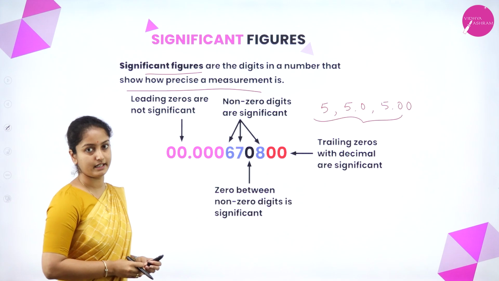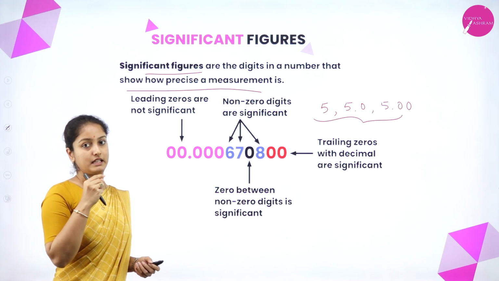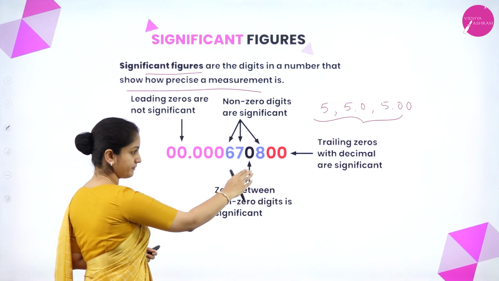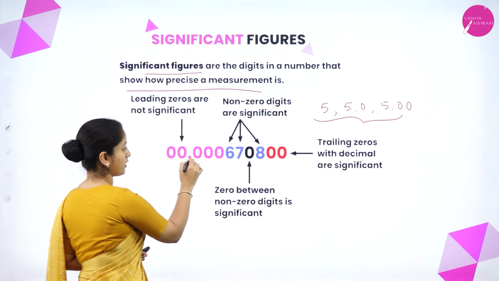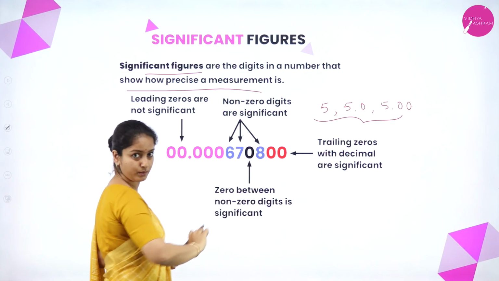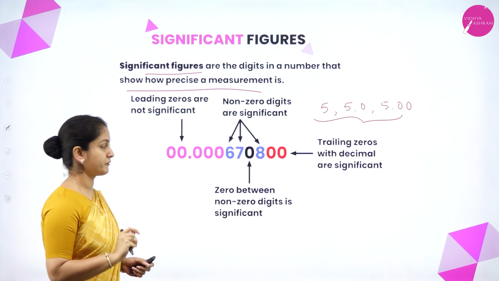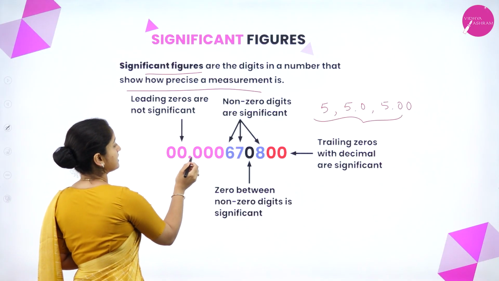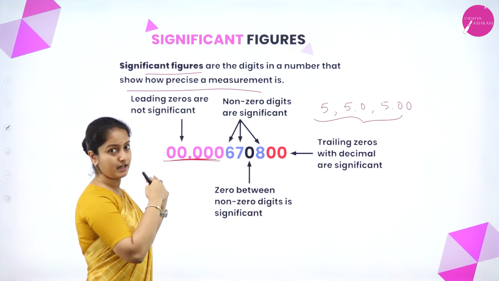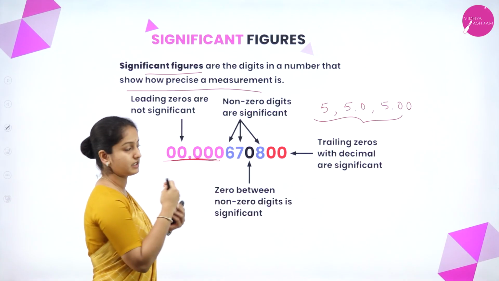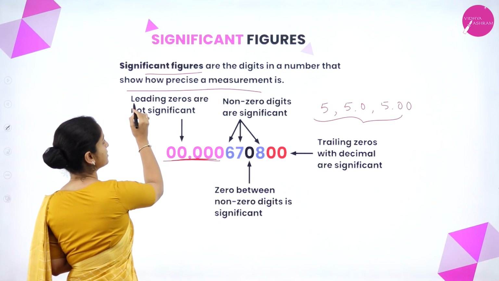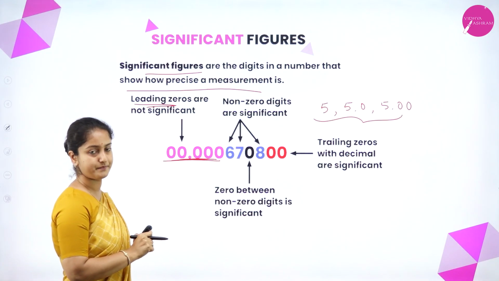Now, to understand that, you should know certain terms used in significant figures. So, here is a number: 0.000670800. The zeros written before the non-zero digits, at the beginning of a number, are known as leading zeros.